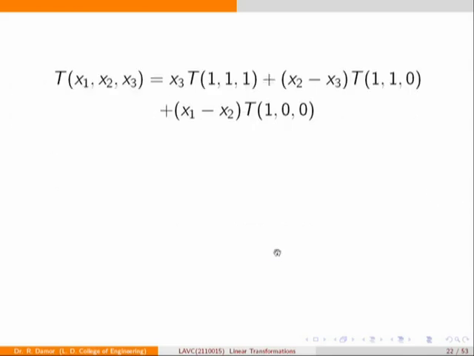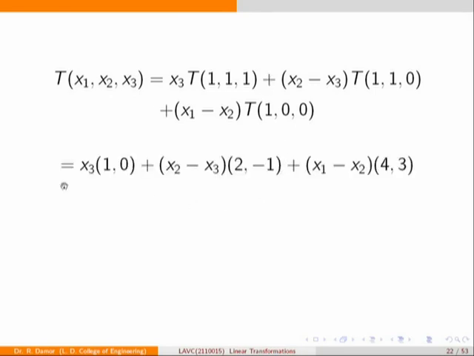Then what happens? See this. T of v1 is (1, 0), T of v2 is (2, minus 1), and T of v3 is (4, 3). So now you get these coordinates (1, 0), (2, minus 1) and (4, 3). Now you can simplify this.